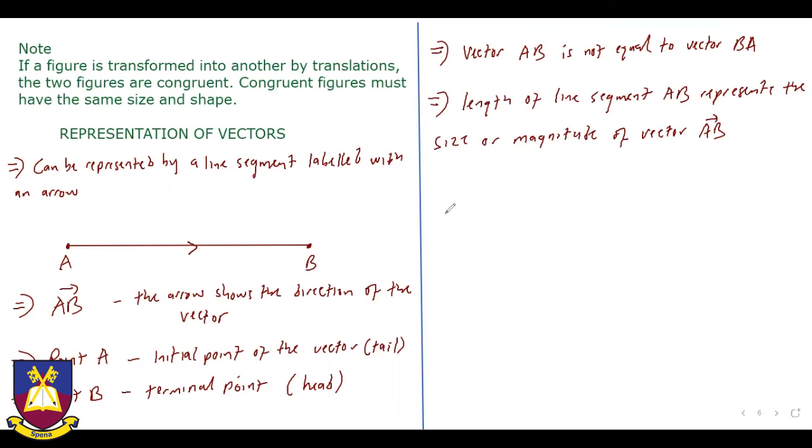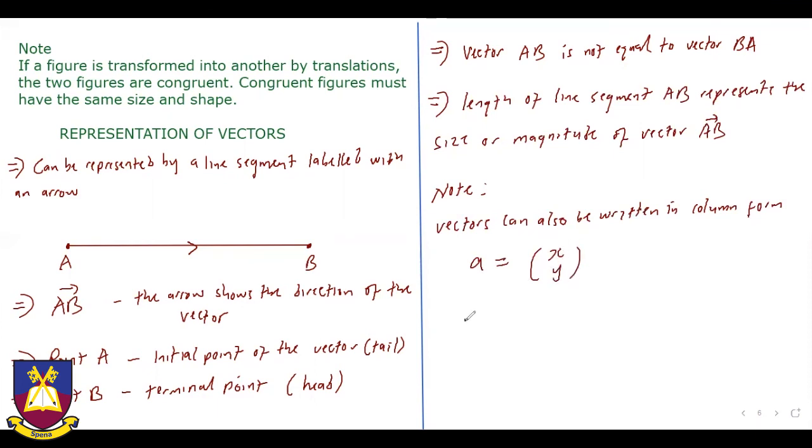Okay, now vectors can also be written in column form. For example, vector a could be given as that. This one up, x, represents the horizontal displacement.